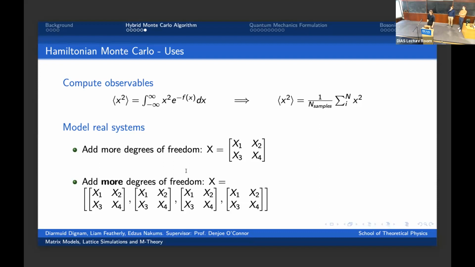So each successive matrix being some discrete time interval moved on from the one before, and we can then simulate the dynamics, the evolution of this path as determined by any action we've chosen. Any action that does include the BFSS model that we introduced earlier.